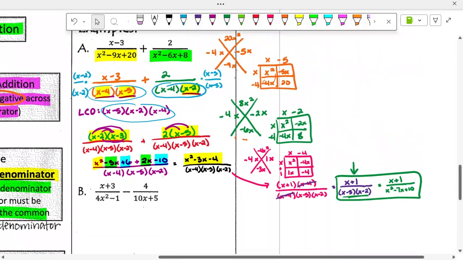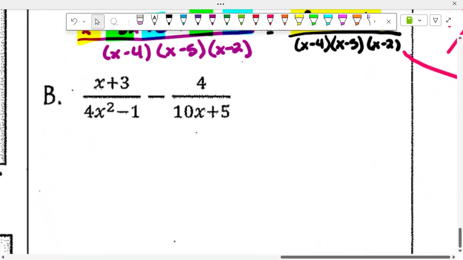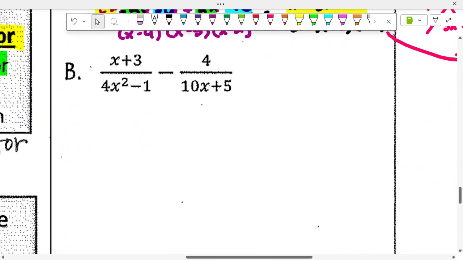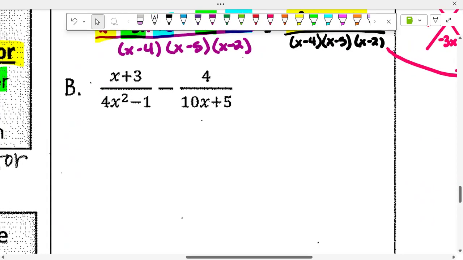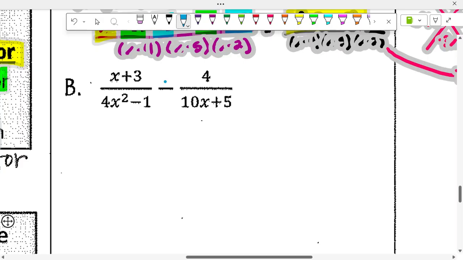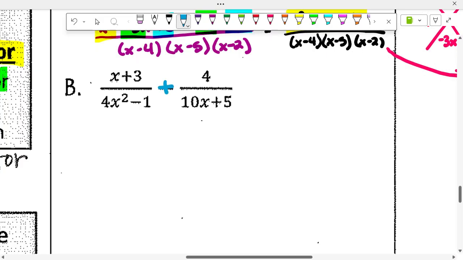All right. Let's try a subtraction one. So, first things first, with subtraction, the very first thing that you should do is change this to a plus and put the negative in the numerator of the second fraction.